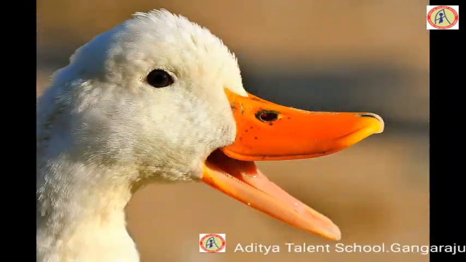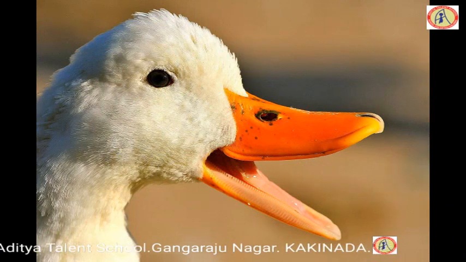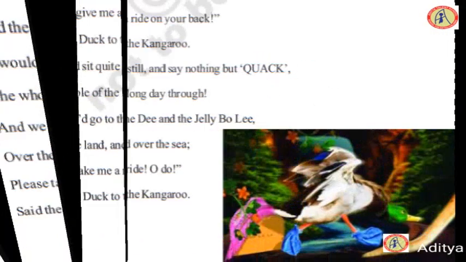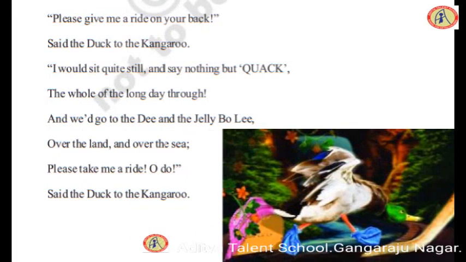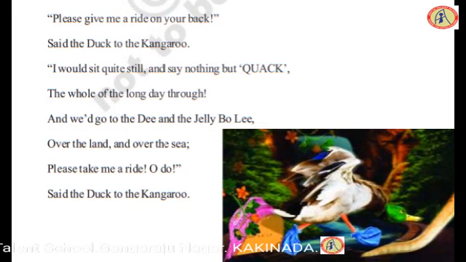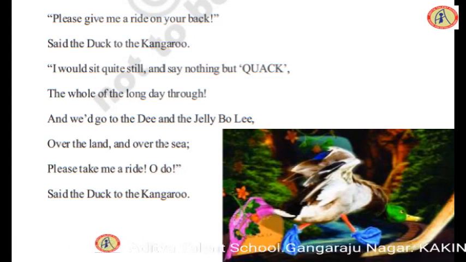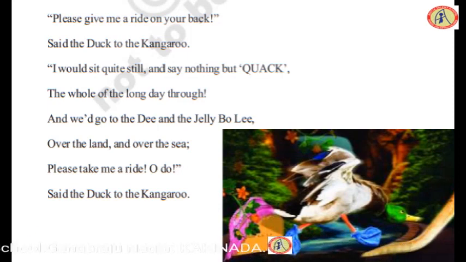Simply I can say only one thing, quack, quack. We would go to the imaginary nature of the poet, the Dee and the Jelly-Bolly, and also over the land, over the sea. Please take me a ride, oh do. So requesting, kangaroo, please take me for a ride, said the duck.